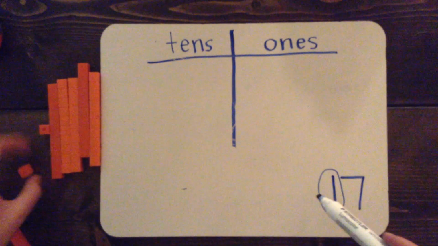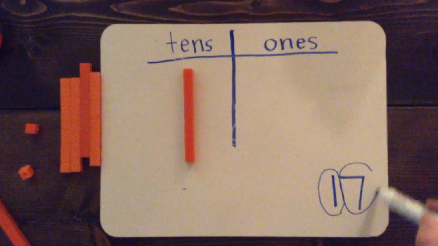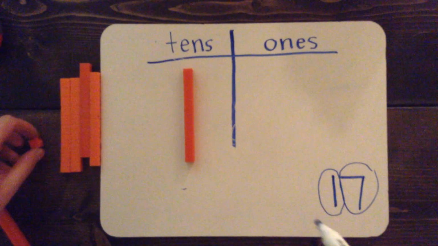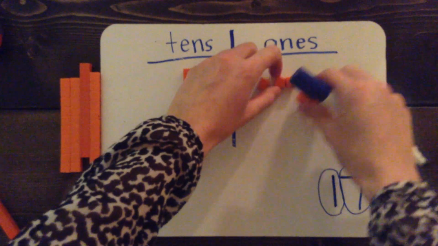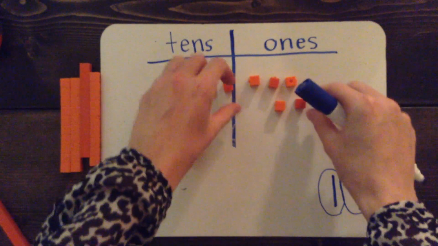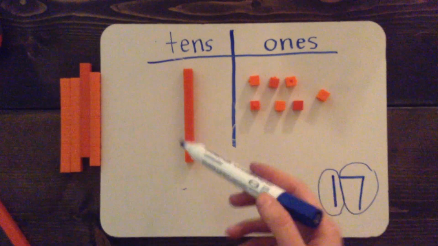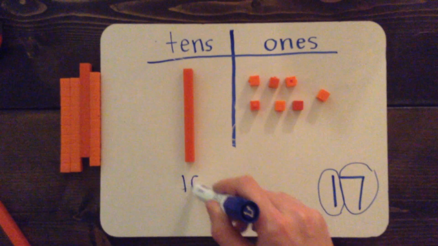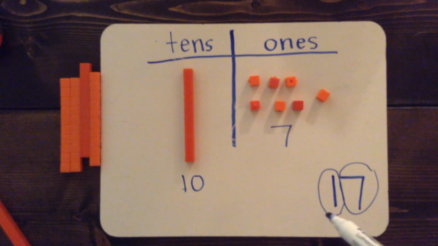This 1 means 1 group of 10. Now you can look at the next digit and it tells you how many ones. 7 in this case. Now we have 17. 10 and 7 more makes 17.